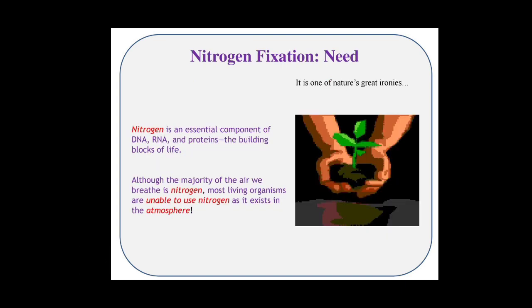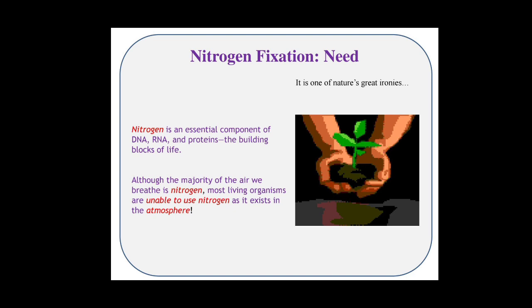Need of nitrogen fixation. Nitrogen is an essential component of DNA and RNA, which are present in human beings, and of proteins, the building blocks of life. Although the majority of the air we breathe is nitrogen, most living organisms are unable to use nitrogen as it exists in the atmosphere.